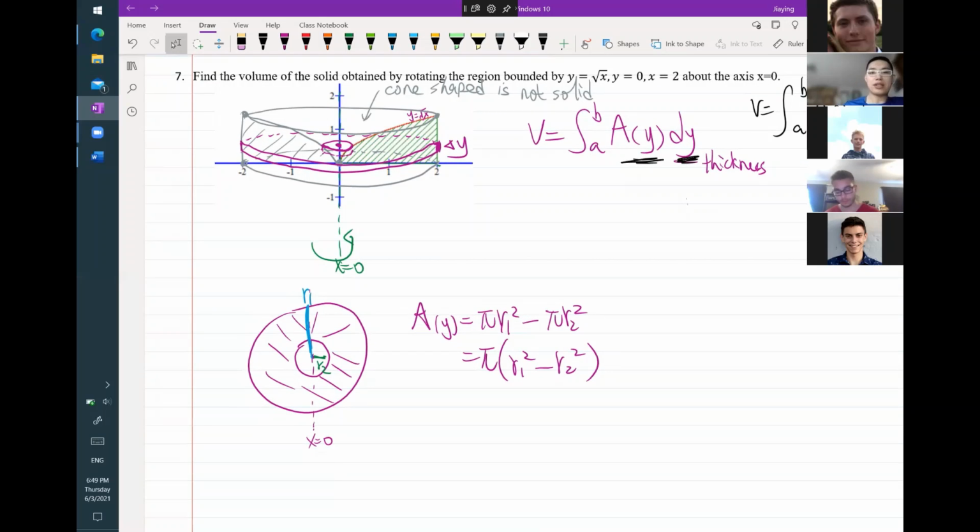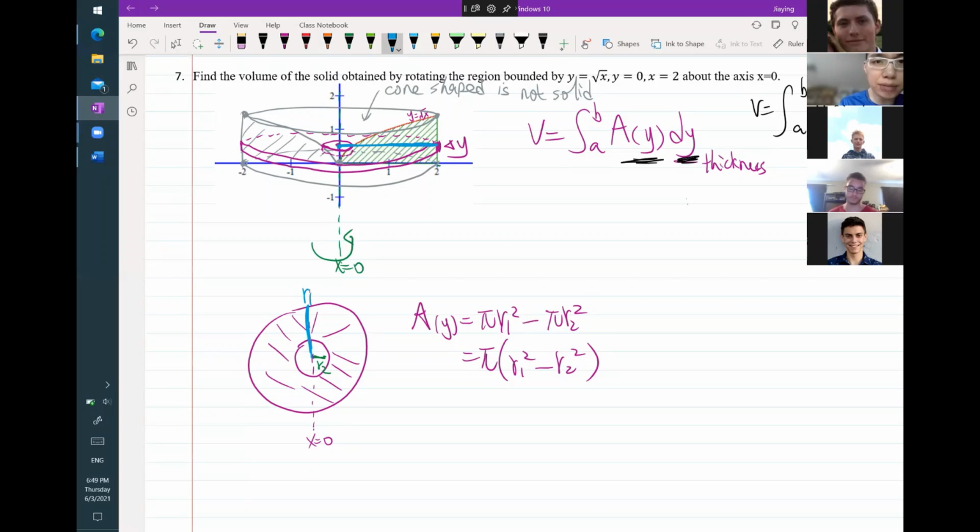So here, how do we find the large radius, the biggest radius? Well, let's go back to the solid that I drew here. The biggest radius is the distance going from the blue line, the y-axis, all the way to that line x equals 2, right? So that's the biggest radius of the entire solid.